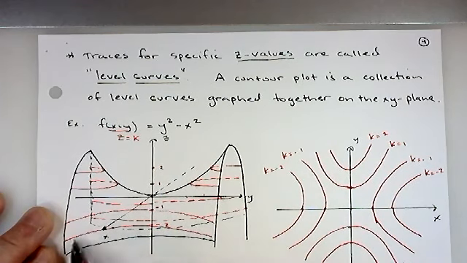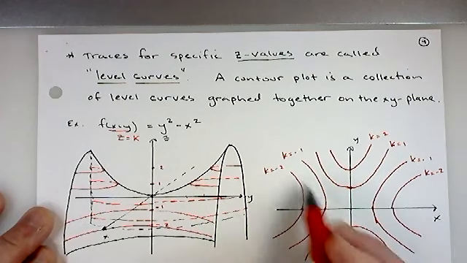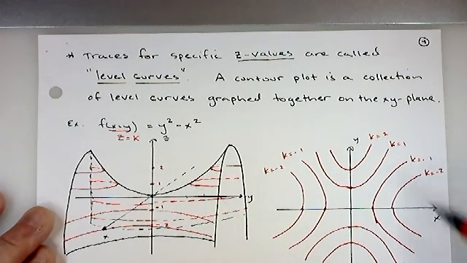For your negative z values, those hyperbolas are wrapping around the x-axis, right? They're curving around towards the x-axis. So that would be these hyperbolas. This contour plot might look familiar if you've ever seen a topographical map, which is a map where they give you elevations of the terrain.